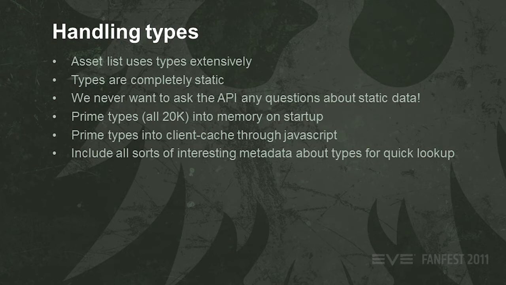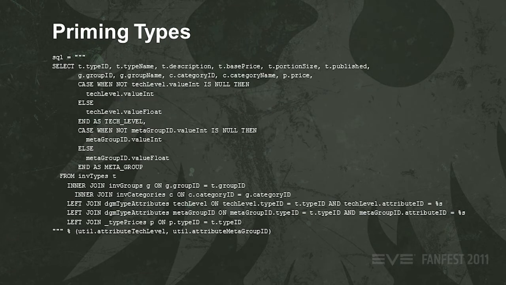And then, like I told you before, I'm doing a similar thing through just a static JavaScript file that I generate every now and then, to allow the client a similar lookup strategy. And here you can see how I'm actually priming the data.